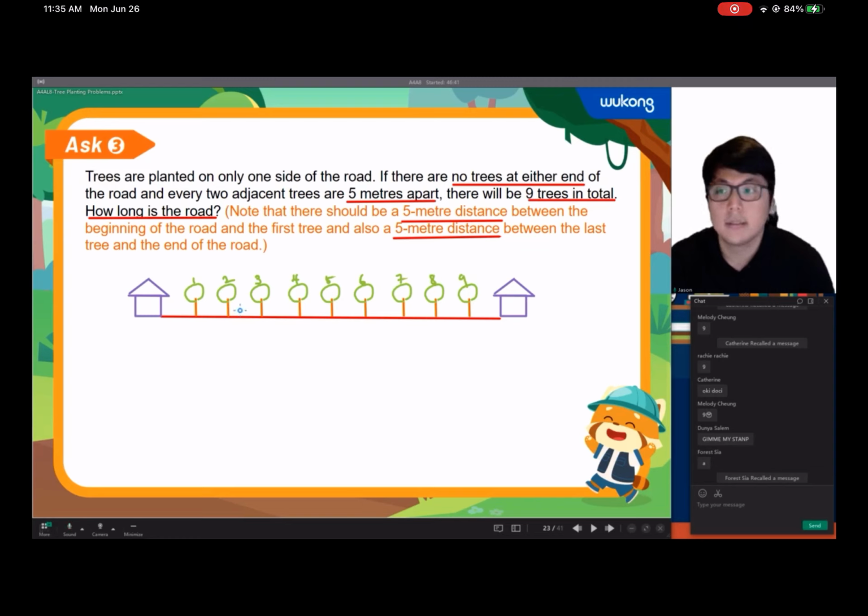And now the interval is 5 meters apart. So we need to calculate how many intervals we have.